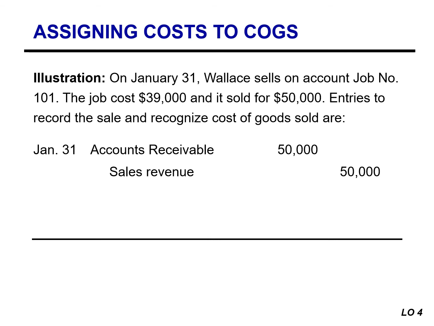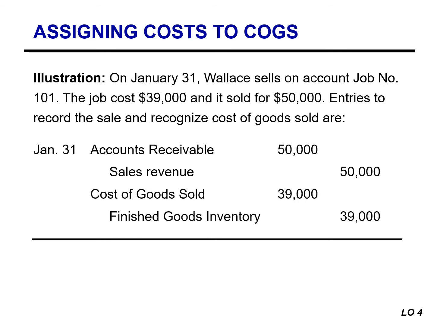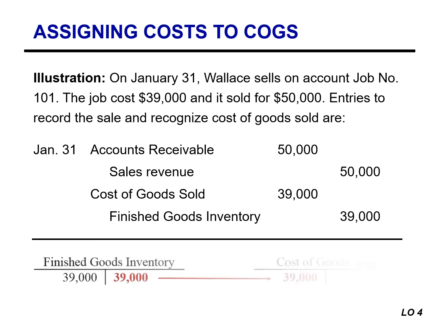It must also debit cost of goods sold and credit finished goods for $39,000. These entries recognize the revenue that was earned, as well as increase the cost of goods sold and reduce finished goods inventory by the cost of the product, or job number 101.